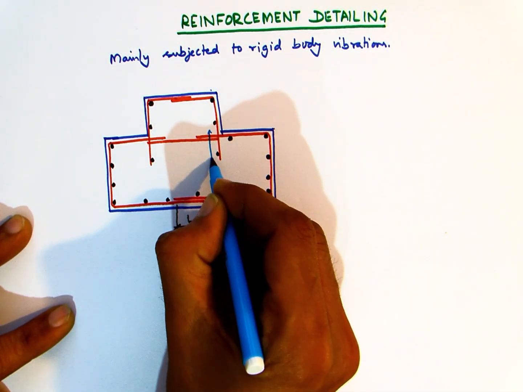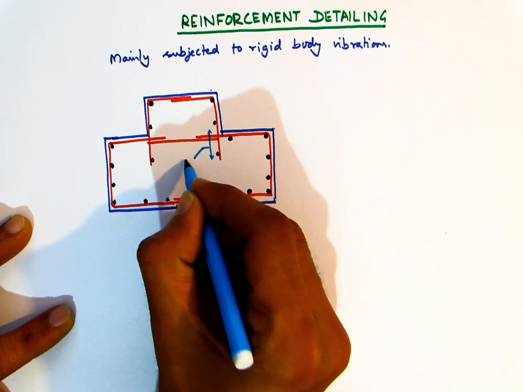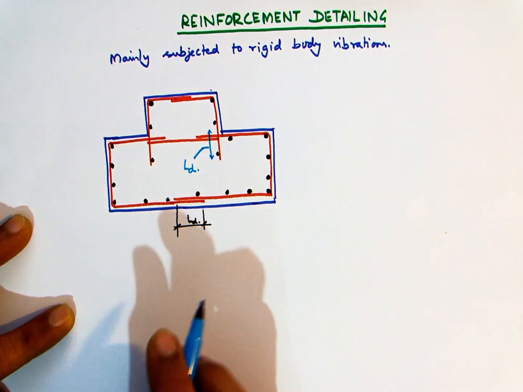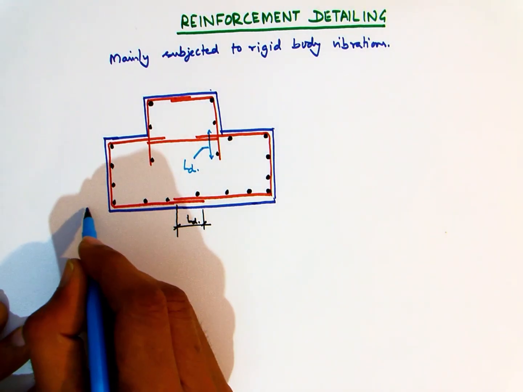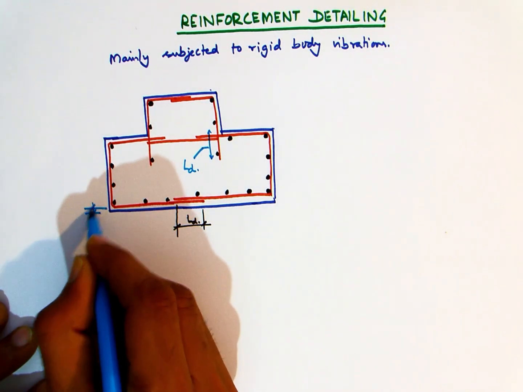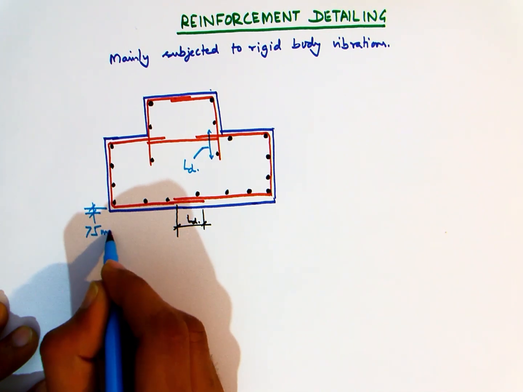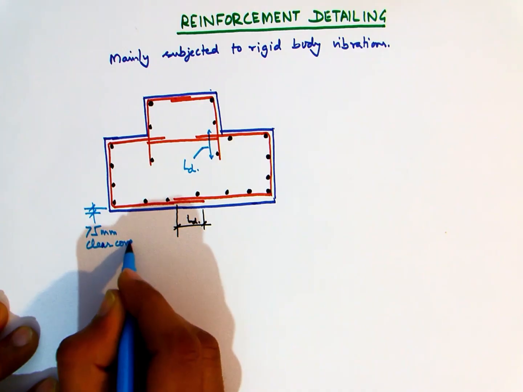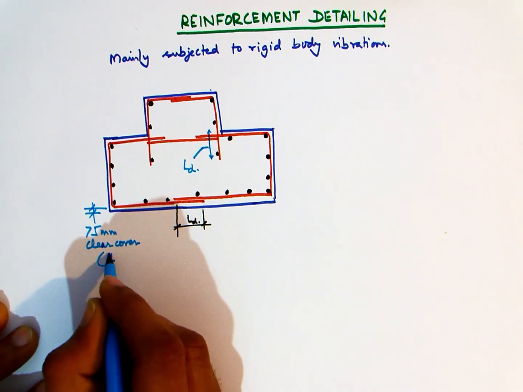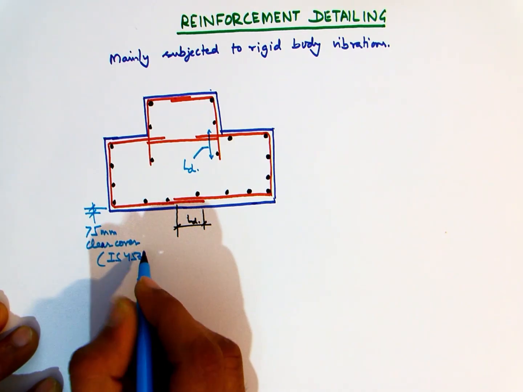The drawings must show the exact dimensions for the embedment of the rebars, as is shown here for the projecting part. The clear cover to reinforcement as per IS 456 has to be 75 mm. Now the clear cover really depends on the exposure conditions.